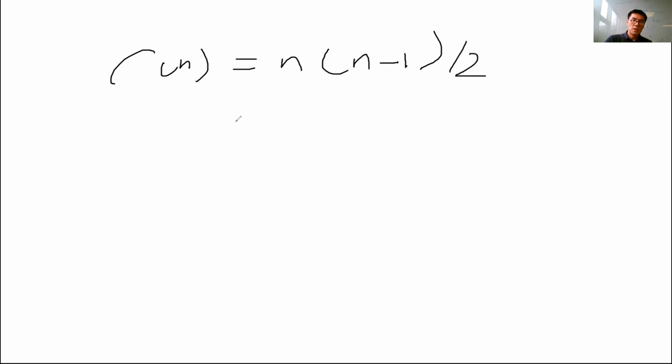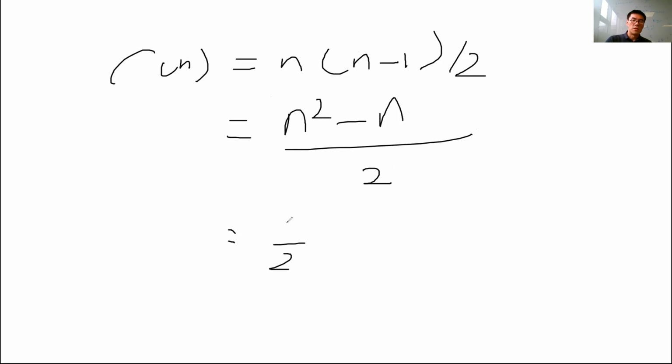If we expand it, it would be (n squared minus n) over 2. And if we break it out further, it will be 1/2, which is 0.5, n squared minus 1/2 n. In this case, there is something we are going to see later.